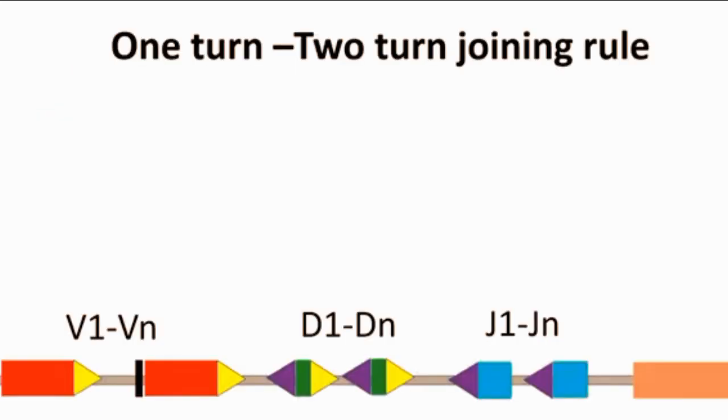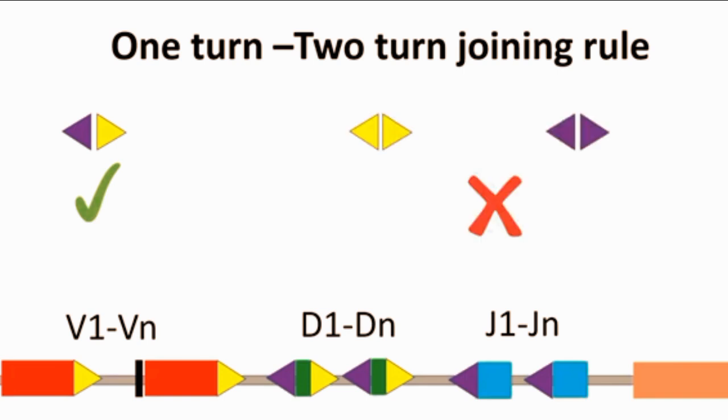And there is a joining rule between these gene segments and these recombination signal sequences. The rule says that opposite turns can join together. For example, a one-turn sequence can join with a two-turn sequence, but the similar ones cannot join with each other.